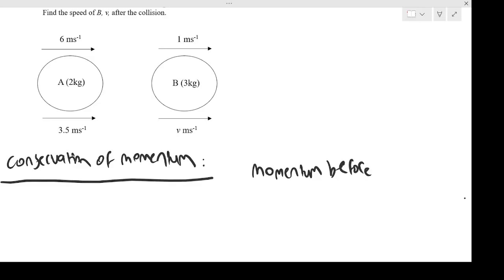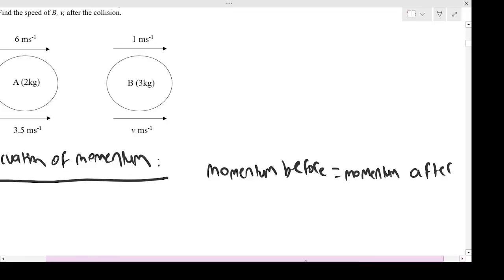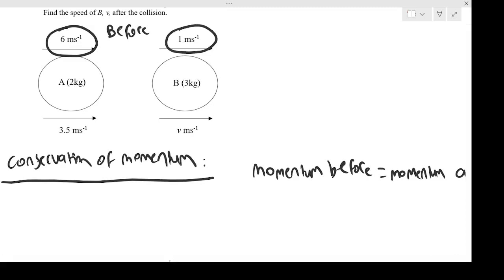The momentum is conserved, right? So momentum before is momentum after. So what are the momentums then? Momentum before, well, these are the velocities before the collision for the two particles, and then afterwards it's these velocities.